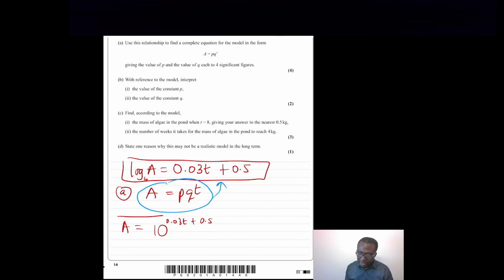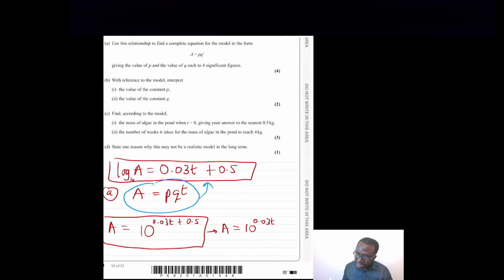Now this here, using indices, is the same as saying A is 10 to the power 0.03T times 10 to the power 0.5. Why? Because in indices, when we're multiplying, we add the powers. So if I see powers being added, I can think of the reverse. What was the question that gave me that?